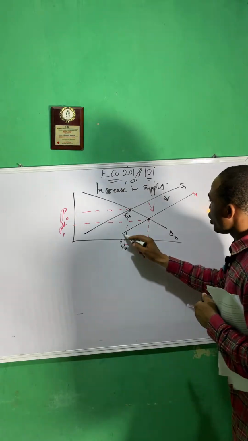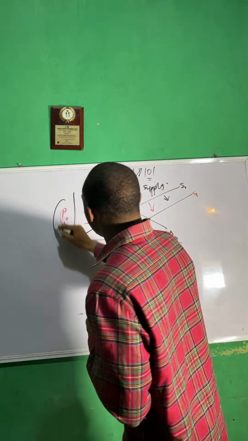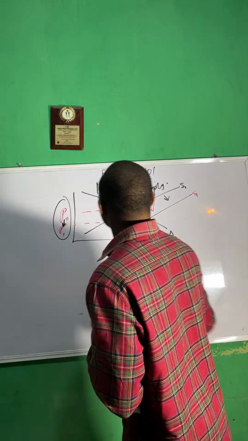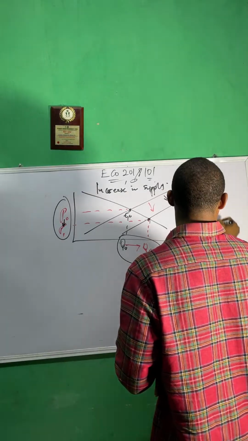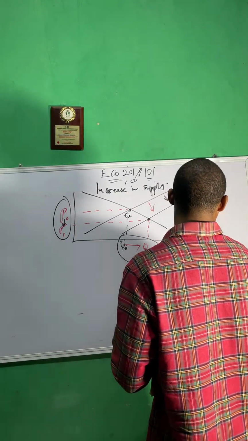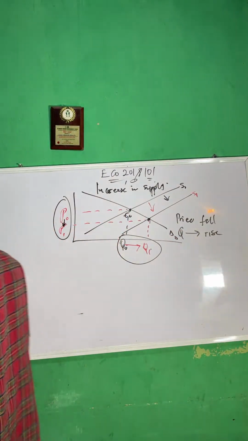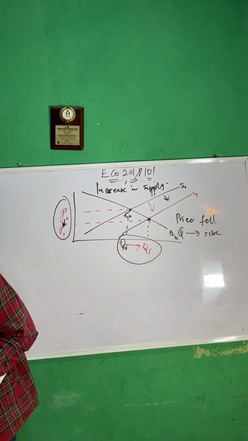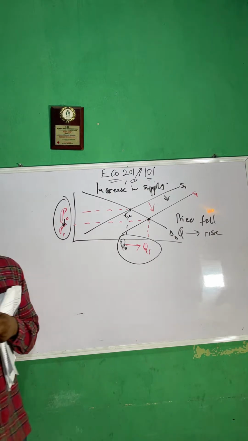Your quantity QO will increase to Q1, then your price P1 will fall. That means price falls and quantity rises. That is what they are saying there.